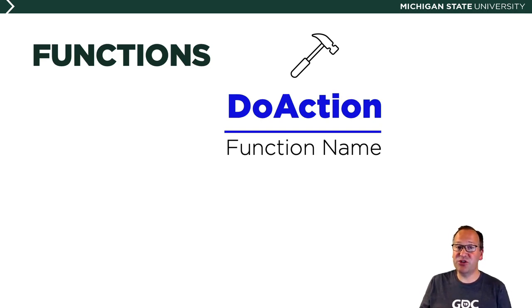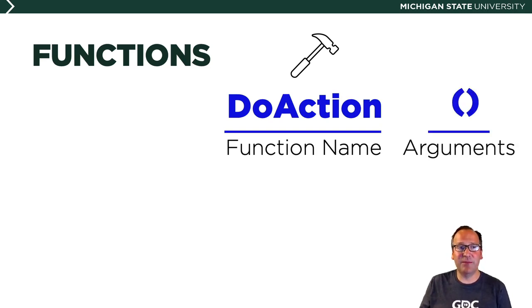In addition to the function name, you also specify any arguments that you want to pass into the function. You can think of arguments as information that you want to give to the function for the function to perform its task. Arguments are specified between two parentheses after the function name. If you have a left paren and right paren with nothing between them, you are saying that there are no arguments.